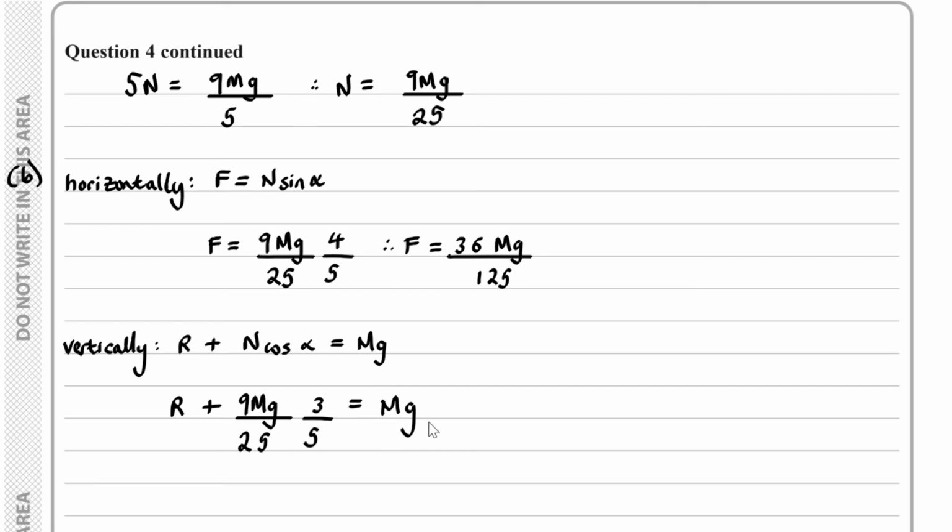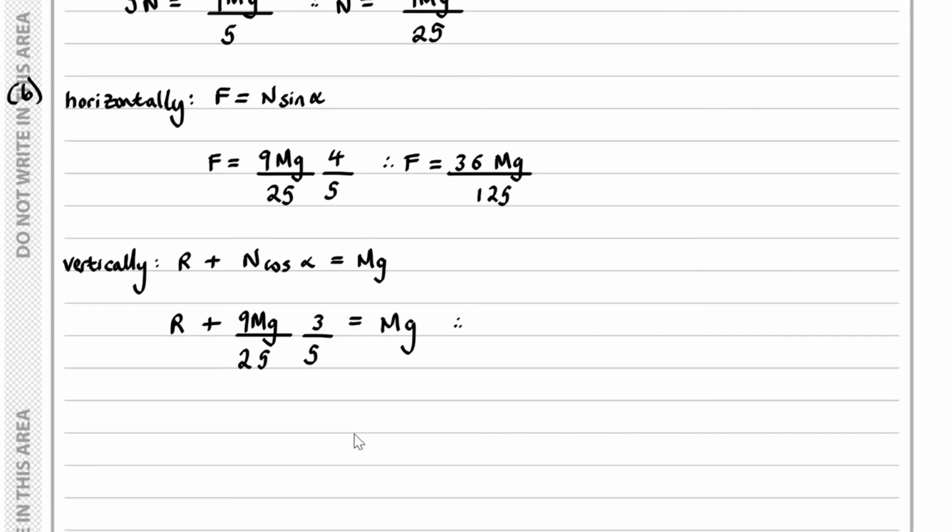Tidying up, 9 times 3 is 27, so we have R plus 27mg over 125 equal to mg.